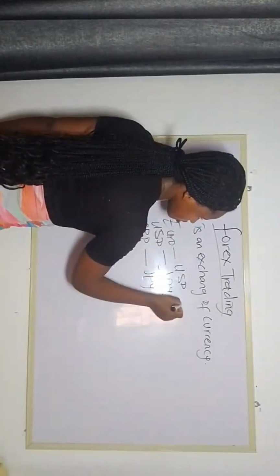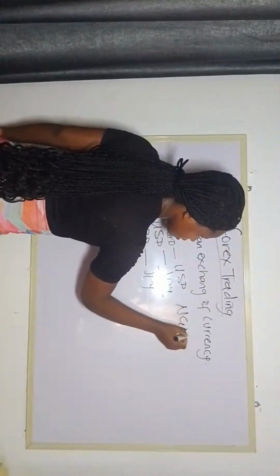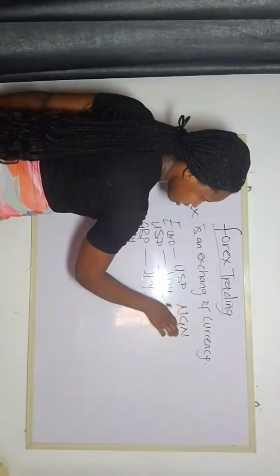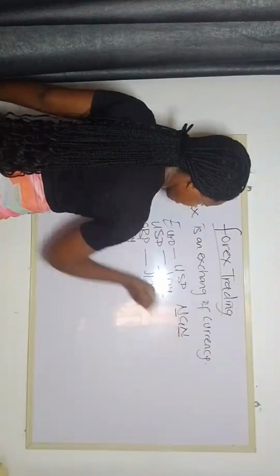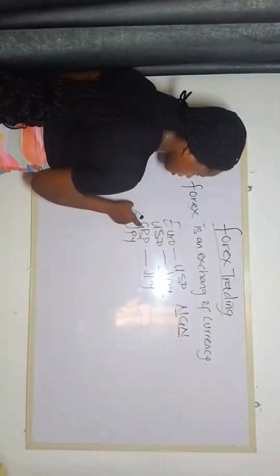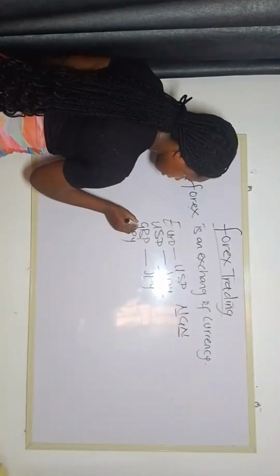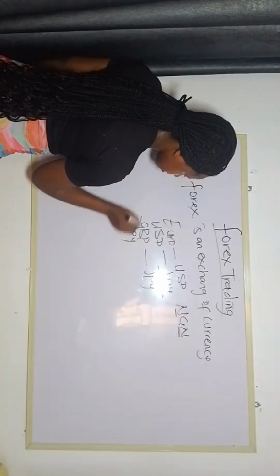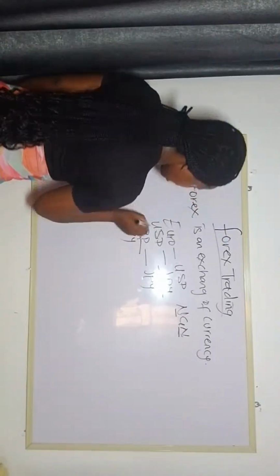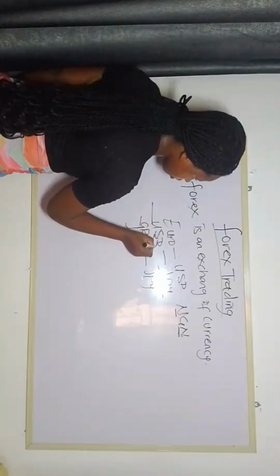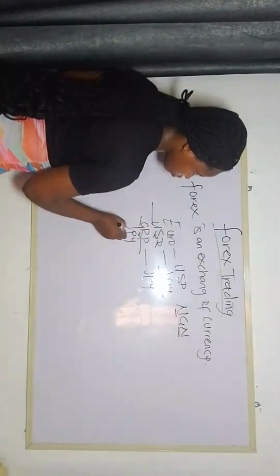Like the Nigerian naira. Nigerian what? Naira. GBP is Great British what? Pounds. This is the United States dollar, and this is the Japanese yen.